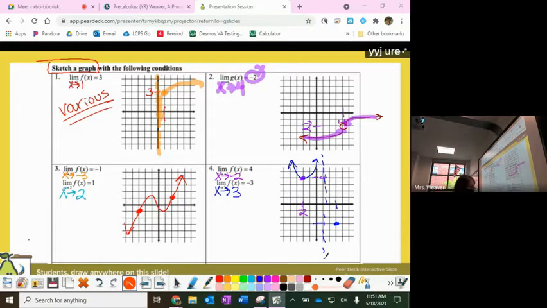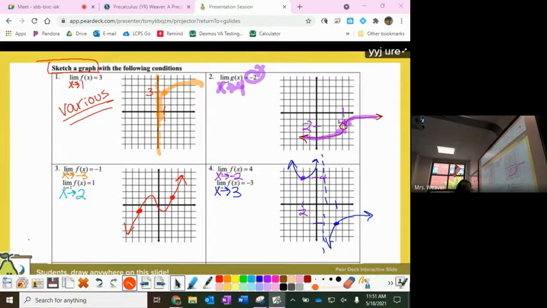Like it can't fail the vertical line test, and then I could have a piece coming up through there. Okay, that would work. Or I could have just made it a line connecting those 2 points. Okay, there's an infinite number of things that'll work, but like I said, I did need to put an asymptote in there so that we knew that this side would approach that asymptote rather than crossing, because it's still got to pass the vertical line test.